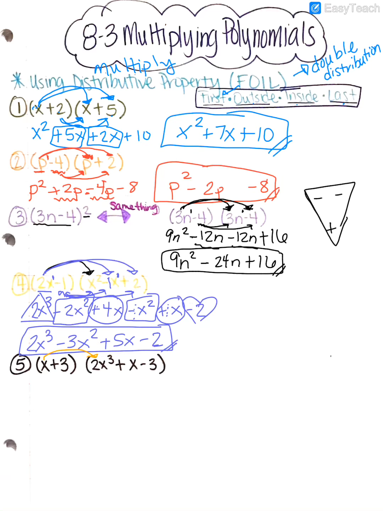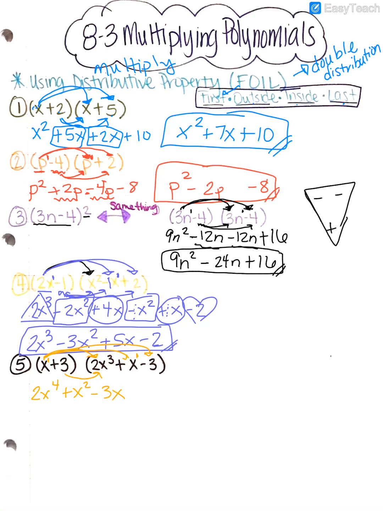So here, we're going to go ahead and do the double distribution. So again, invisible one right here. So it's 2x to the fourth. We have plus x squared. We have that invisible one there. Negative 3x.